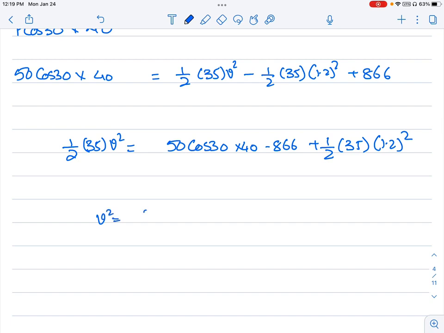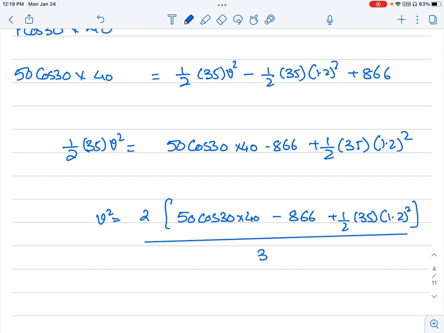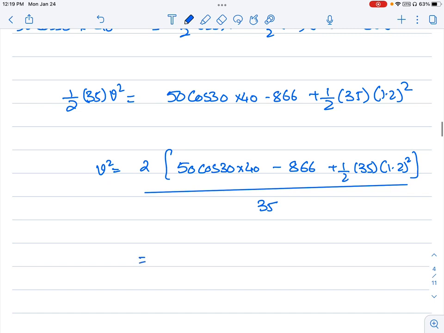So v squared is equal to 2 times (50 cos 30 times 40 minus 866 plus 1 upon 2 times 35 times 1.2 squared), whole divided by 35. Simplify this and find the square root of the entire thing. You should be getting the answer as 7.14 meters per second. That's going to be the answer. So I used the work energy theorem.